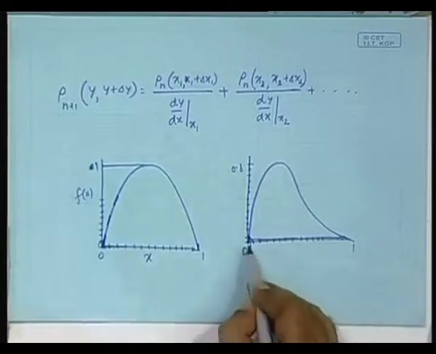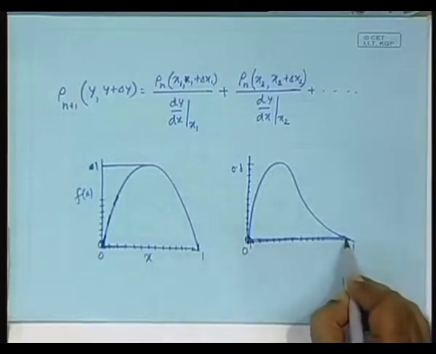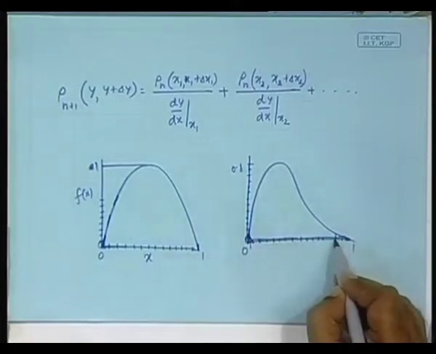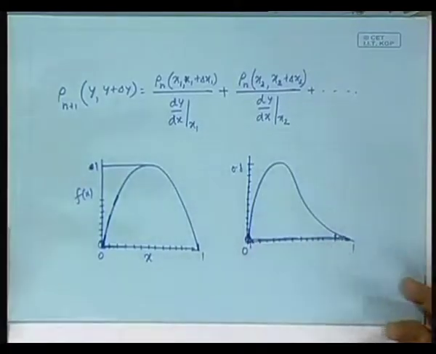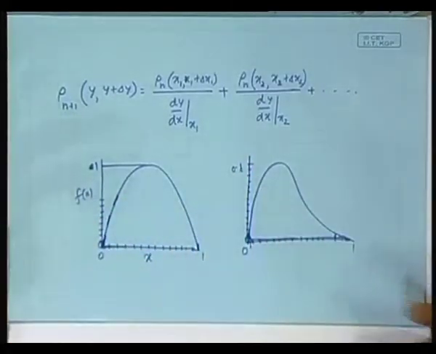That means, whatever was the density here divided by its slope, plus whatever was the density here divided by its slope. Then go to the next one, whatever was the density here divided by its slope, plus whatever was the density here divided by its slope, and so on and so forth. So, it is still possible, it is not difficult to do it if it is non-symmetrical or anything else.